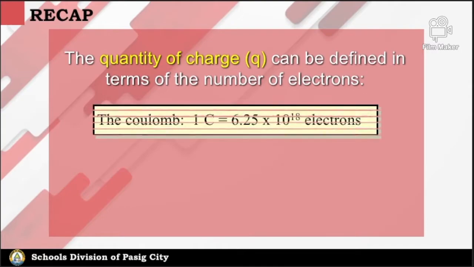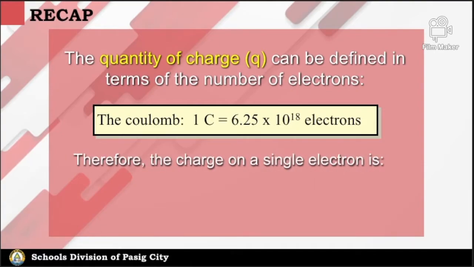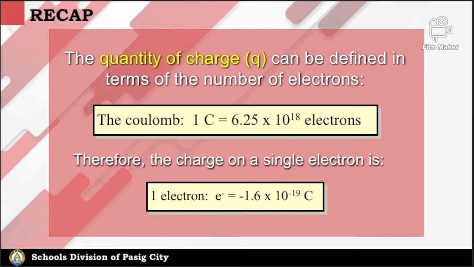The unit of charge is the coulomb, with the symbol capital C. 1 coulomb of charge is equal to 6.25 times 10 raised to 18 electrons. Imagine how many electrons there are in 1 coulomb. Which means the charge of a single electron is equal to negative 1.6 times 10 raised to negative 19 coulomb.